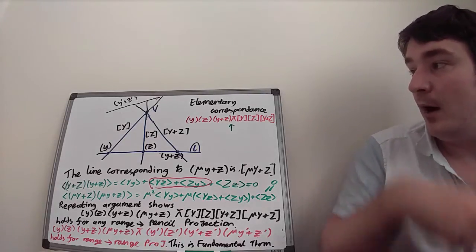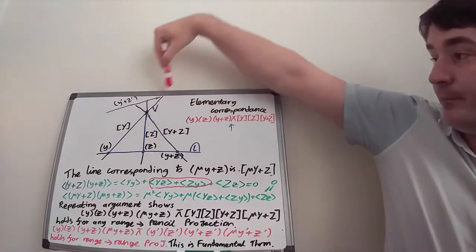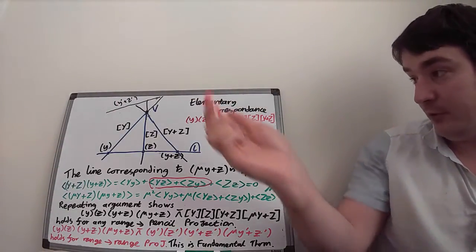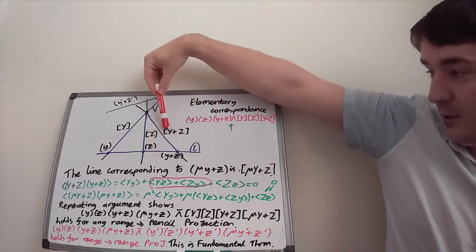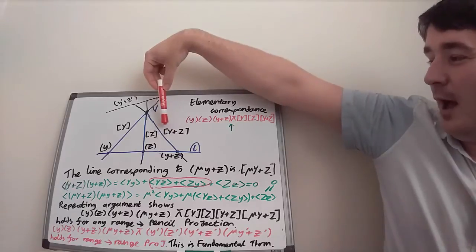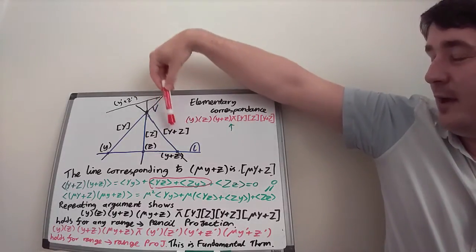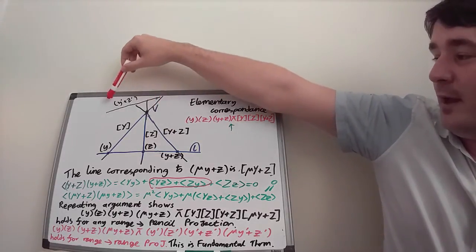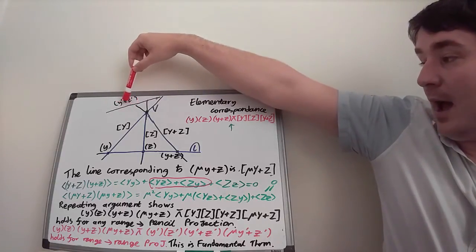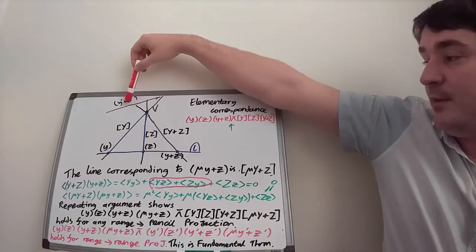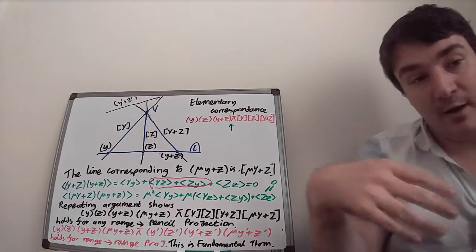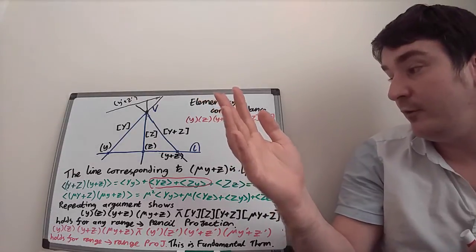For example, I can draw another line up here, and then I can look at the corresponding points. So the point that big Y plus big Z goes through, we can call it little y dash plus little z dash. And this is obviously going to be projective to this, because it's related by a sequence of elementary correspondences.